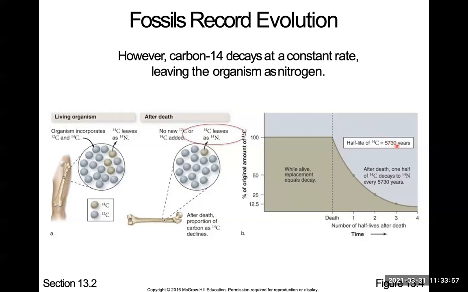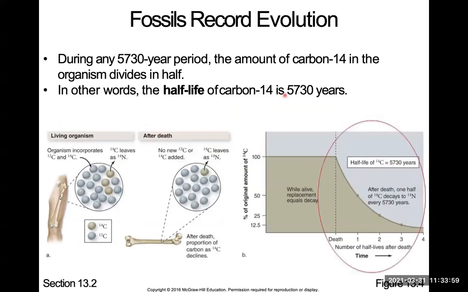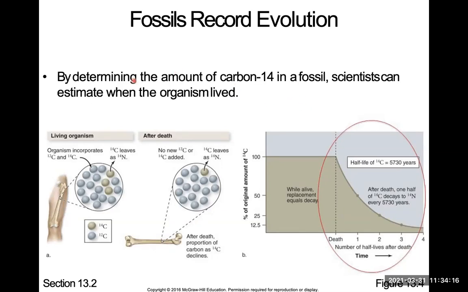During any 5,730-year period, the amount of carbon-14 is divided in half. In other words, that is the half-life of carbon-14. You don't have to memorize the number. I will give you the number that I want you to work with, but this is an example. So by determining the amount of carbon-14 in a fossil, scientists can estimate when the organism lived. So they can get the exact number for that.